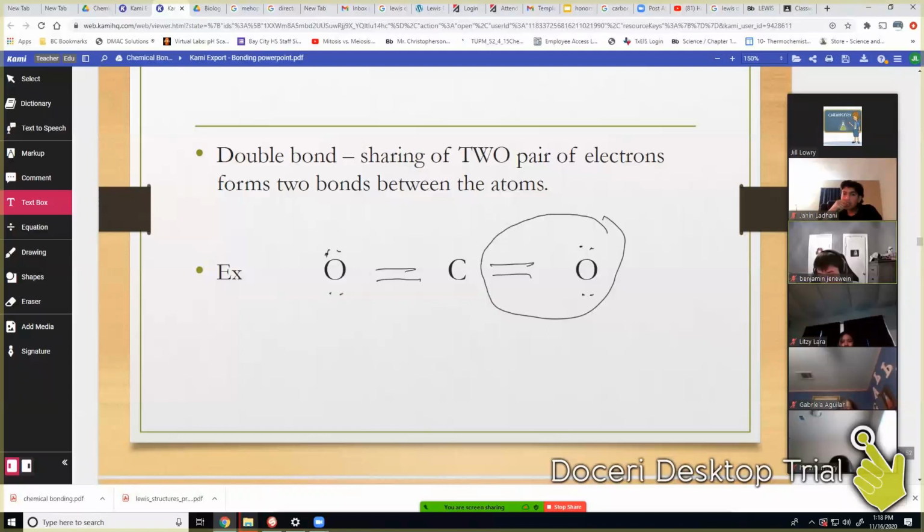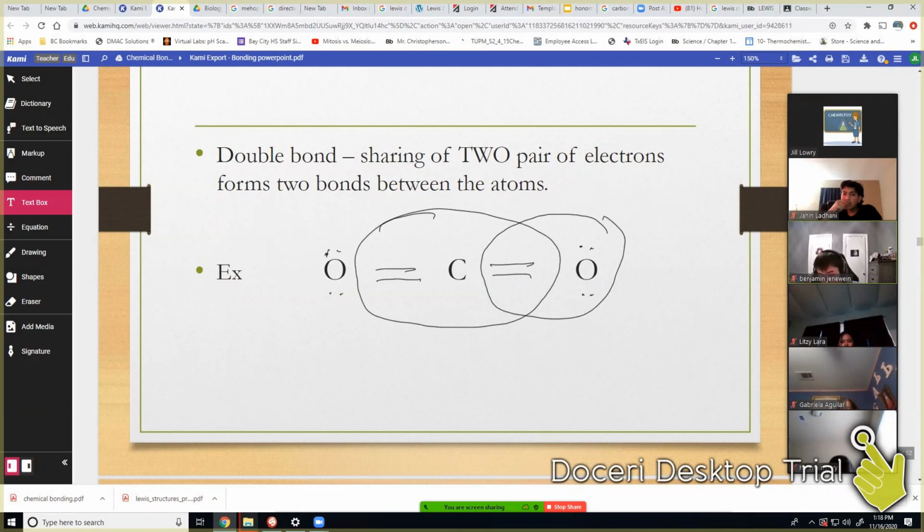And then this would be considered another 4 in that double bond. The carbon has its octet, and the only way it gets its octet is by sharing all 4 bonds, each bond has 2 electrons, so that's where it gets its 8 electrons or its octet.